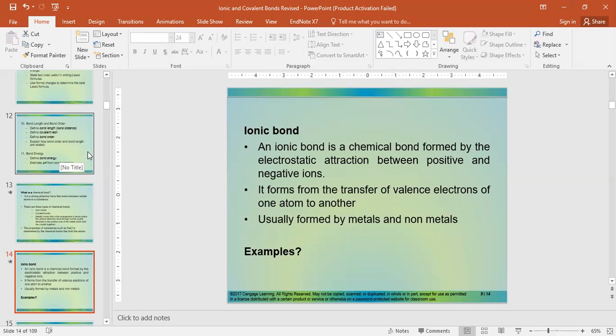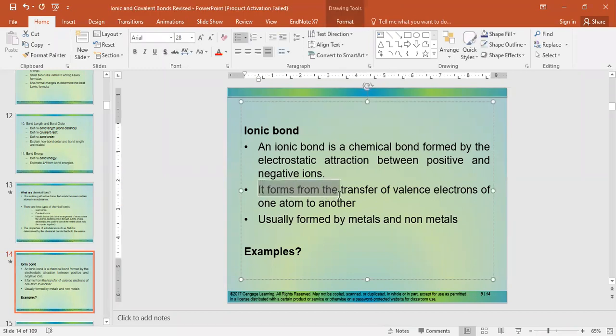In a metallic bond, we have a sea of electrons immersed in positive charges, which are the positively charged nuclei. An ionic bond, one of the issues of focus today, is formed from the complete transfer of valence electrons from one atom to another.